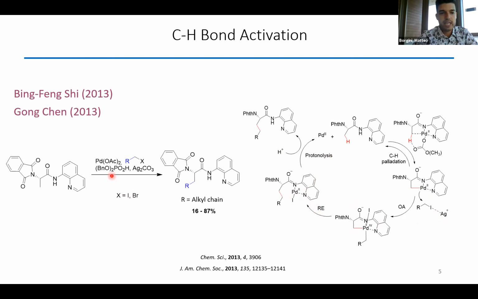The dibenzyl phosphate is used in a catalytic amount, and it acts as a ligand for the palladium catalyst. It also increases the solubility of the silver salt, and it promotes the protonolysis step.